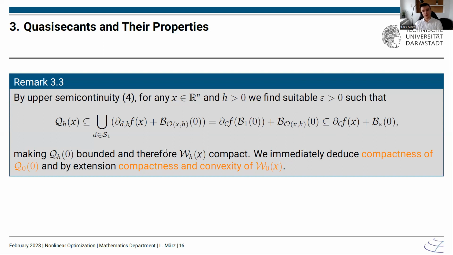And therefore, we also derive the compactness of Q0(x), because it's already bounded, and now taking the closure means that we are compact since we are in R^n. And by extension, we also derive compactness and convexity of W0(x), because now we also take the convex hull by definition, and therefore we get both these properties.